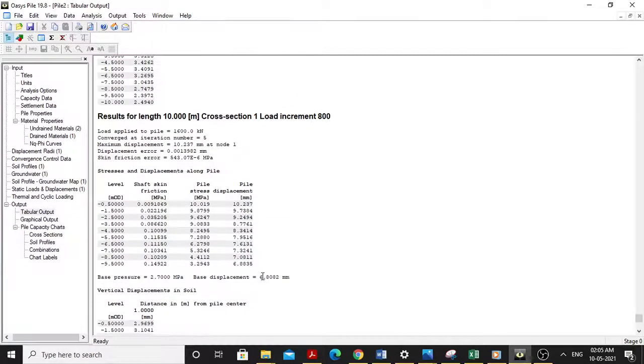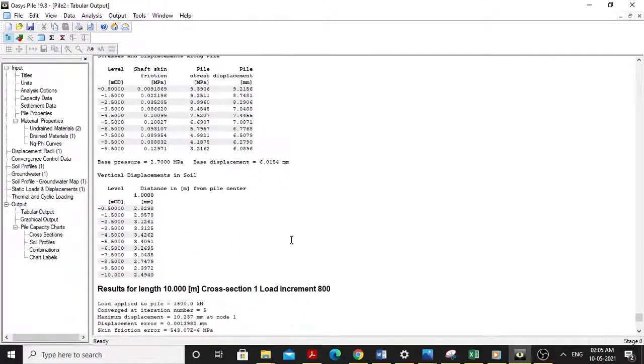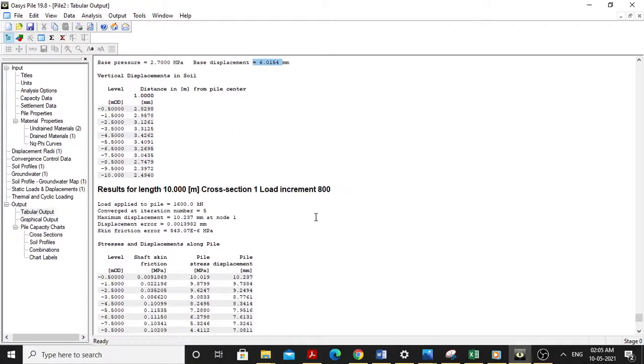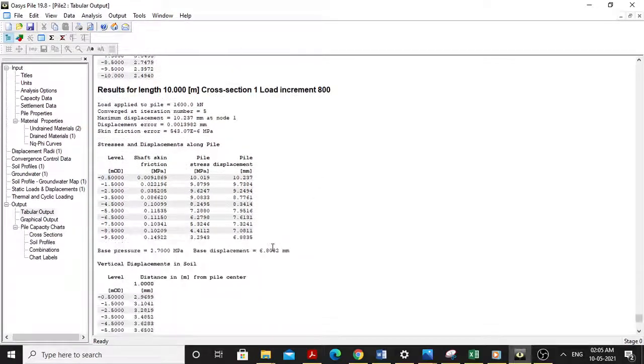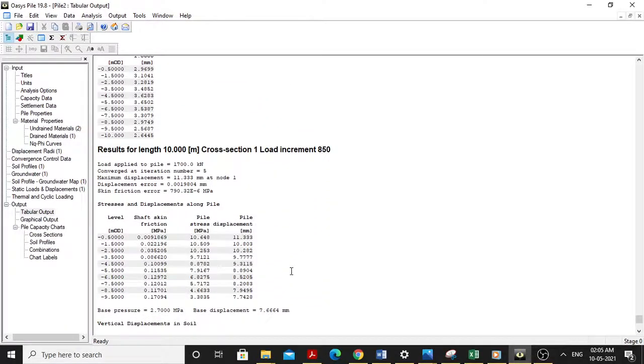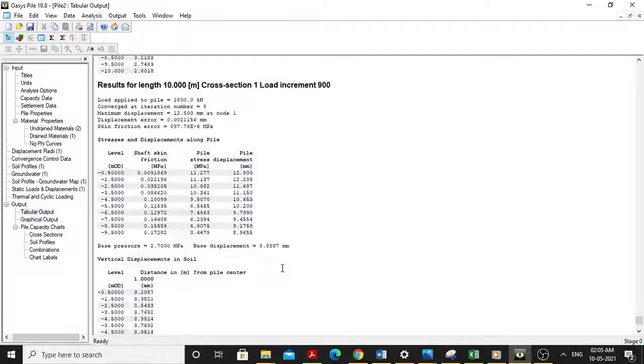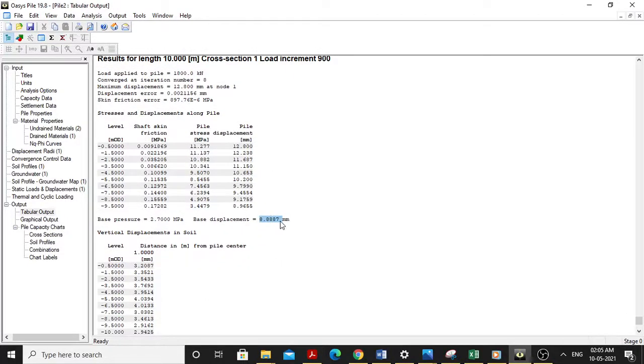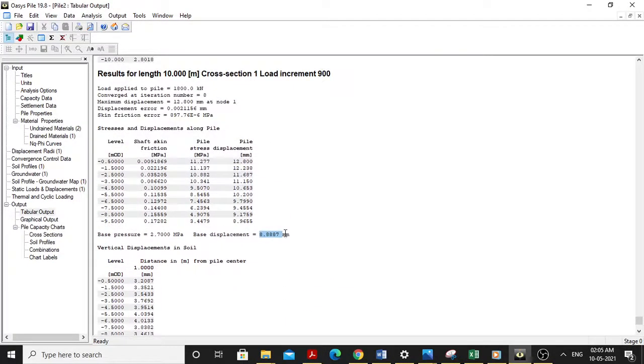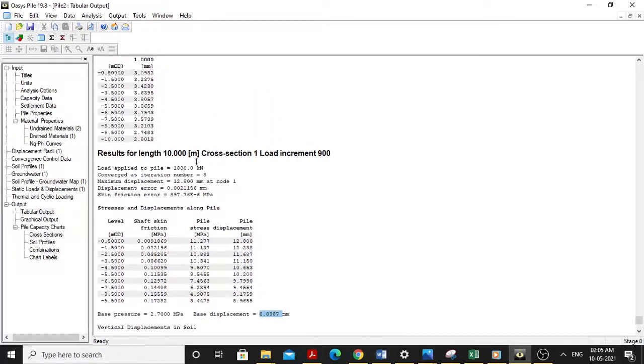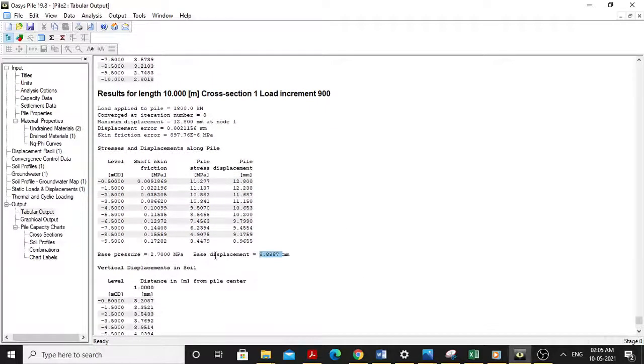Now it will come 6.802. Here it was 6.01. With load increment 800 it is 6.8, then at 850, 7.664. So 8.88, it's okay. The displacement is increasing with increasing load and the length is kept the same.